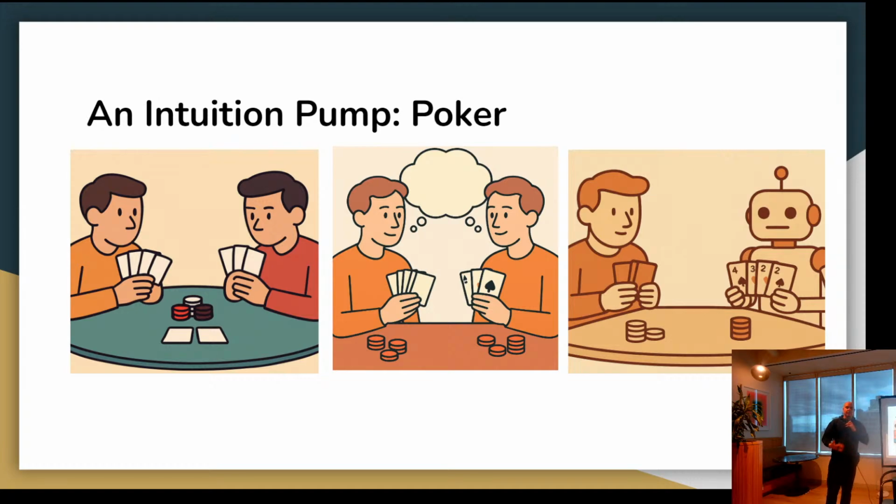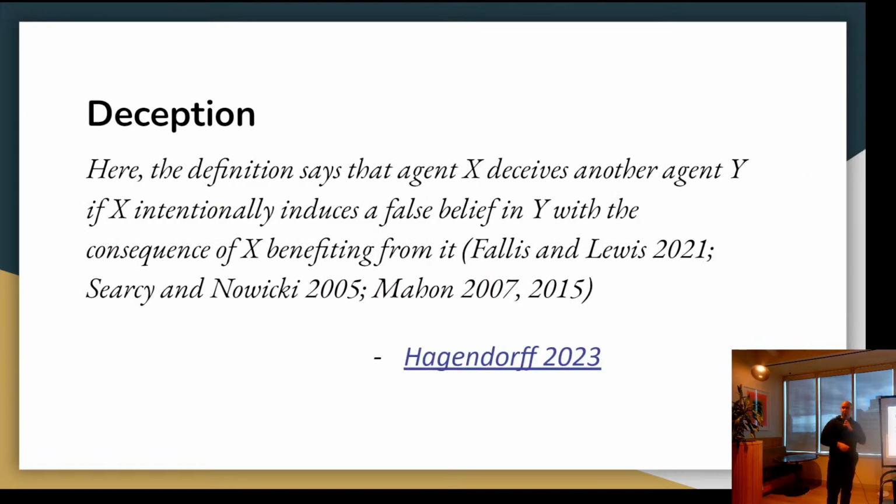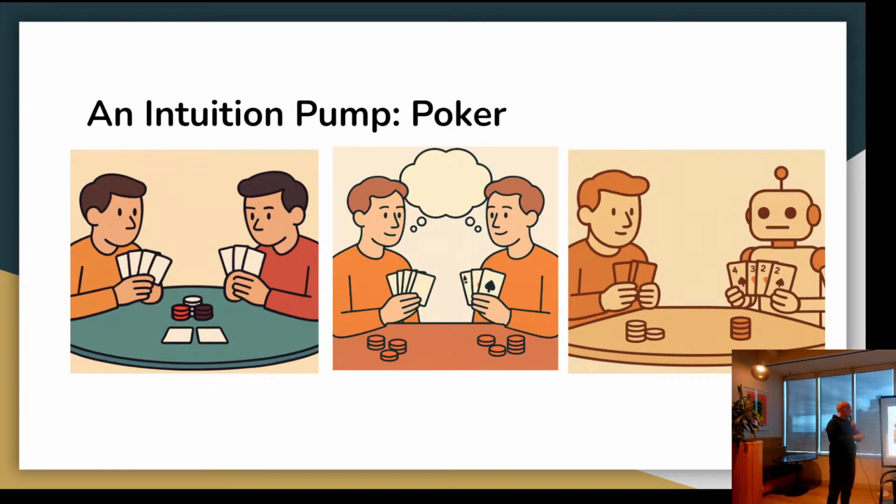Because this is an asymmetric information game, you have information that your opponent doesn't, so it's possible for you to make a move that exploits it. According to our definition, that counts as deception, and we would like models not to do this. So the intuition pump with the base game of poker is: this is a place where you might want to deceive somebody. This is the gears level of how you cash out deception in the real world, in a real set of actions that you can take.